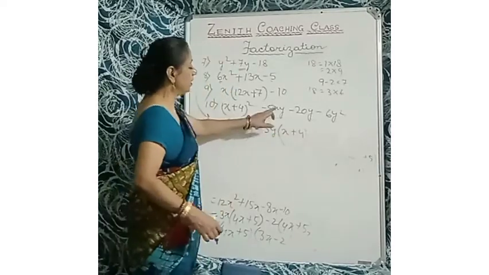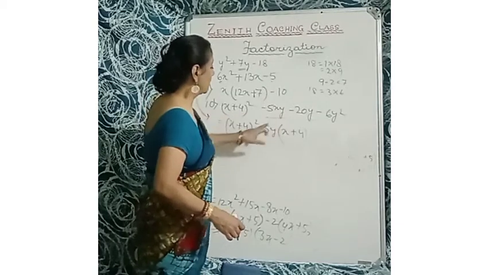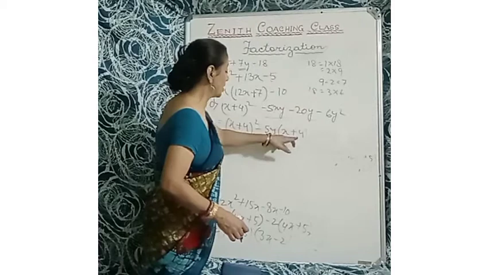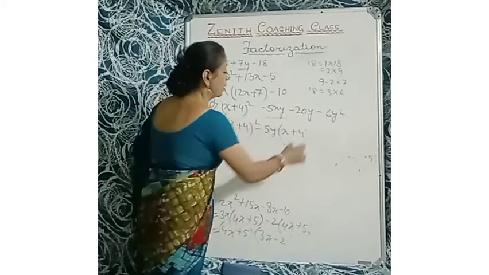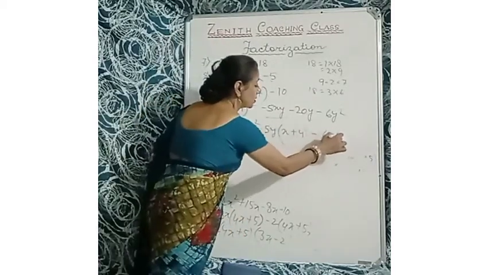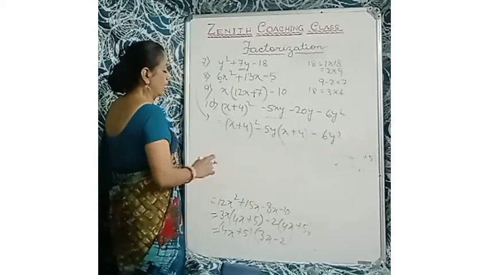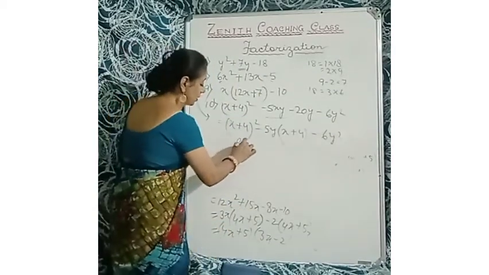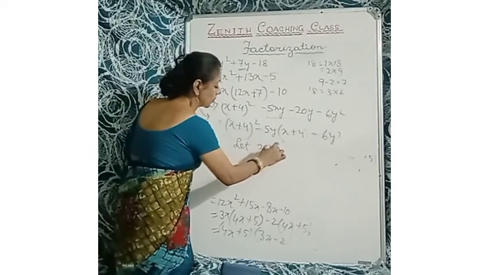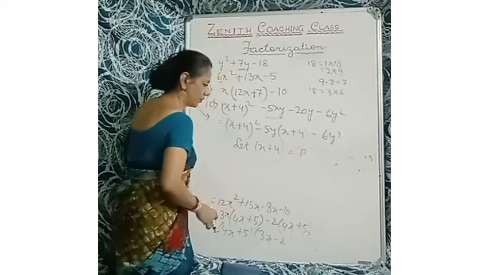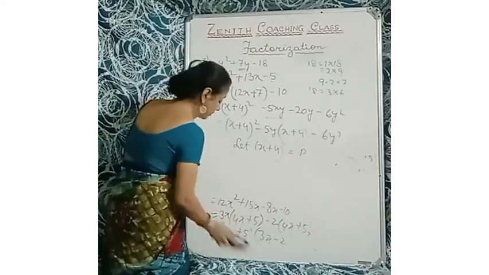If 5y is common, here x minus minus, that is plus. So here is 5. If I take 5y, there is plus 4. So x plus 4, x plus 4 minus 6y square. Okay. Then let x plus 4 equal p. P, q, whatever you take.